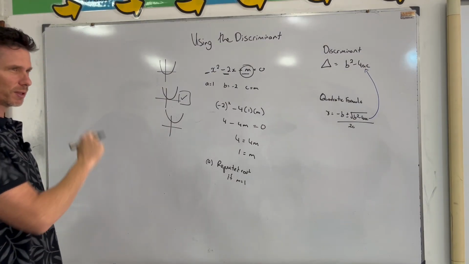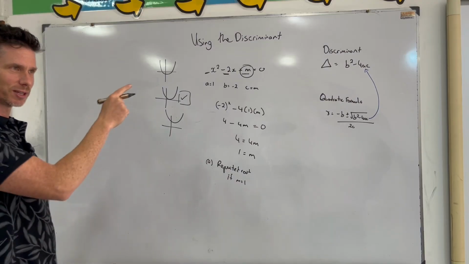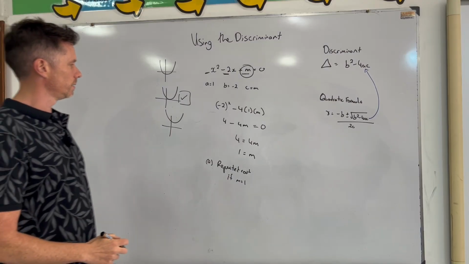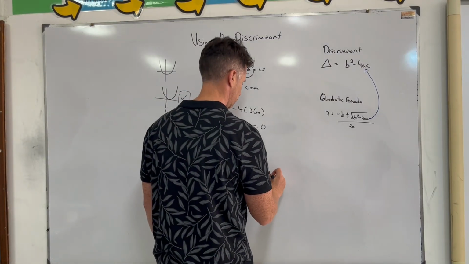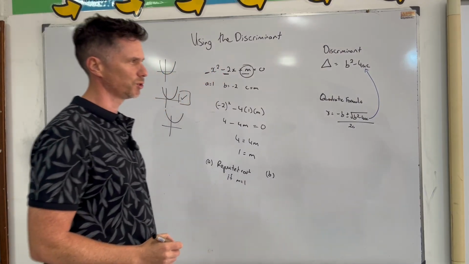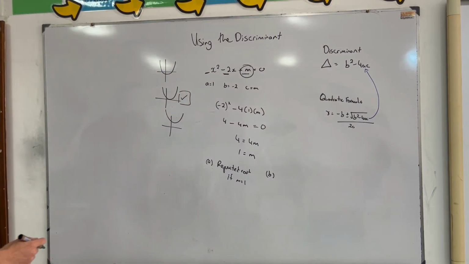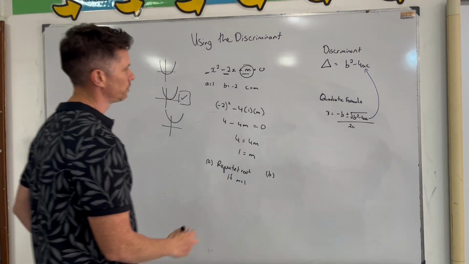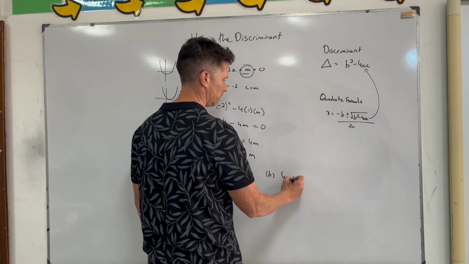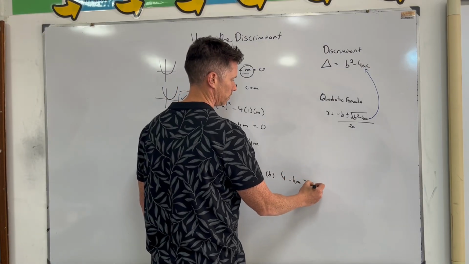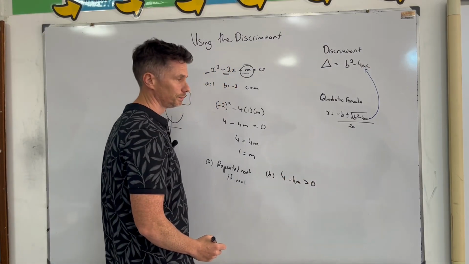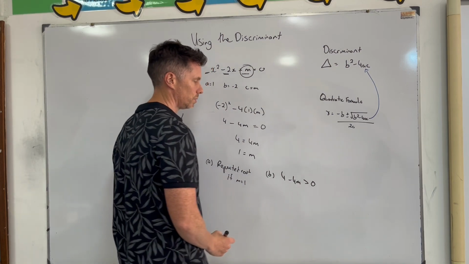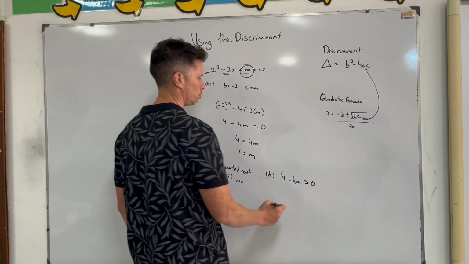You probably could have figured that out by just looking at it. Now for 2 distinct real roots, we want the discriminant to be greater than 0.